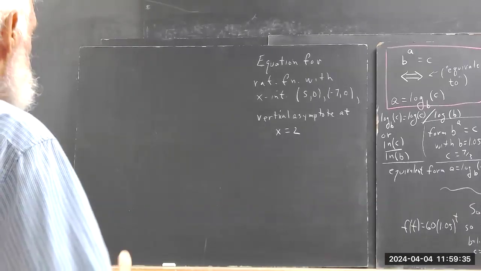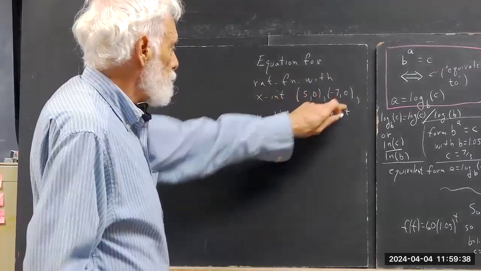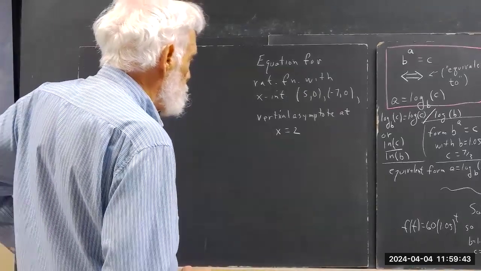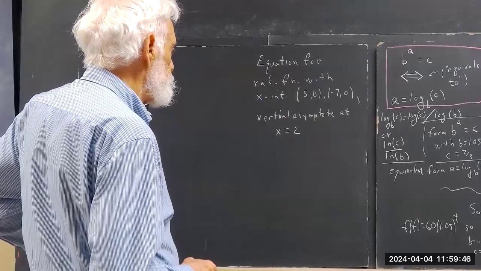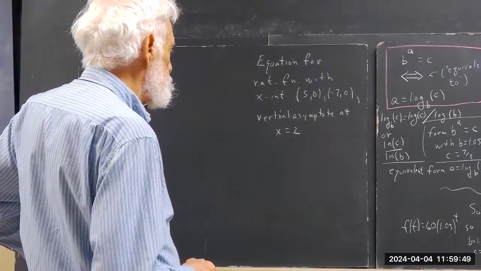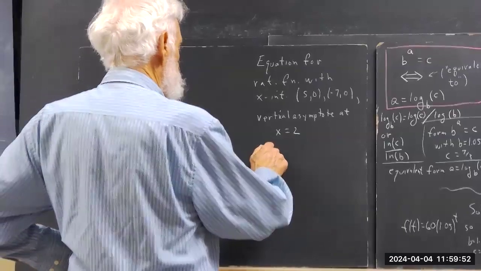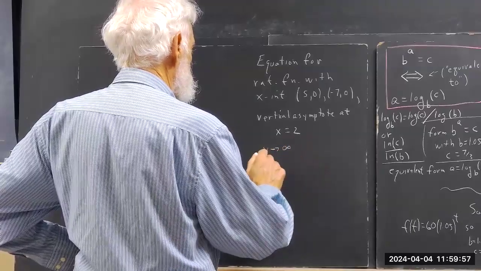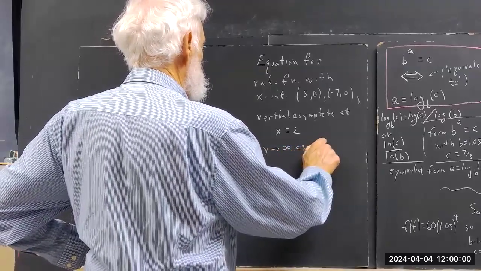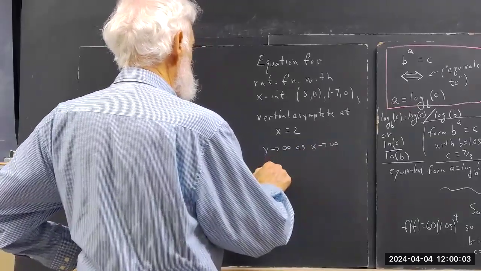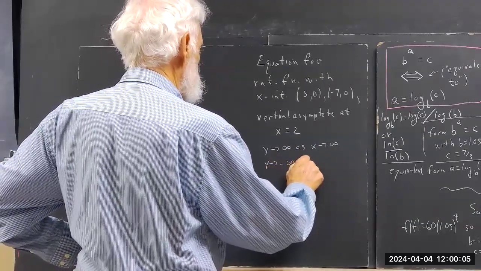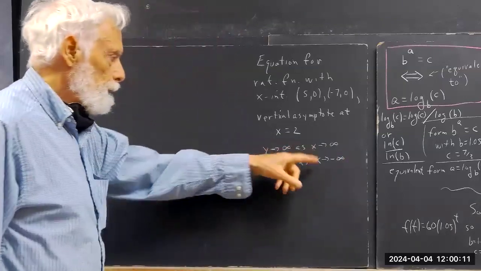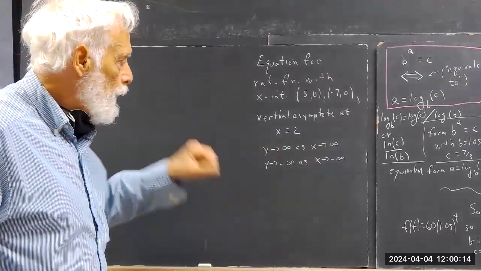Okay, I'm asking everybody to sketch a rational function that has these x-intercepts, a vertical asymptote at x equals 2, and y goes to infinity as x goes to infinity.